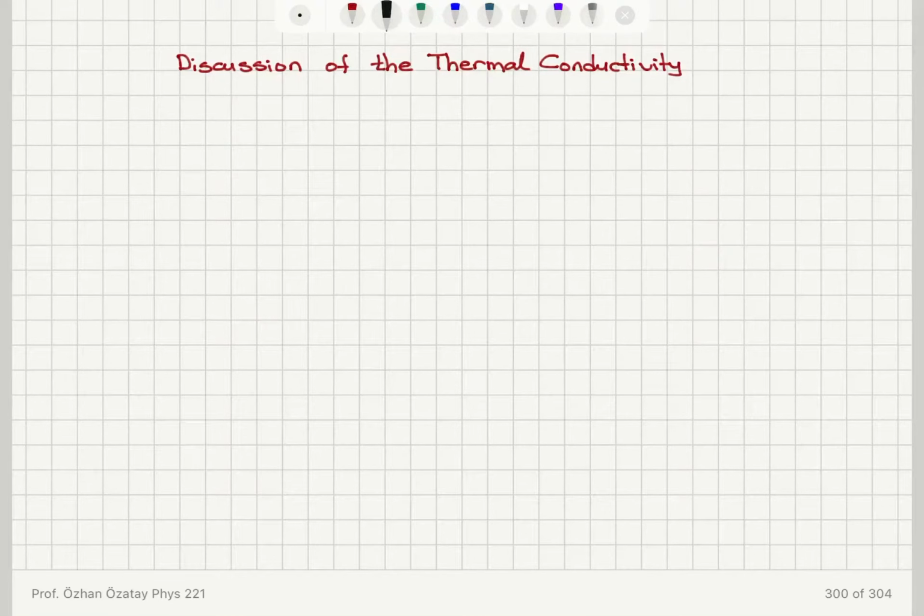We're now going to look at the dependence of thermal conductivity on important parameters. So let's start with the dependence on n, where n is the number density.